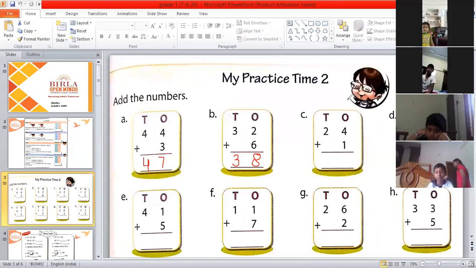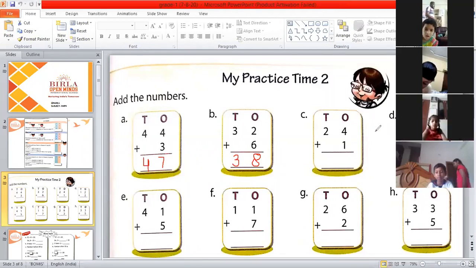Sai Joshit, now you tell me the answer for bit C. Read that question, bit C. Read that question fast. 24 plus 1. Yes, so now tell me, 4 plus 1 how much? 5.